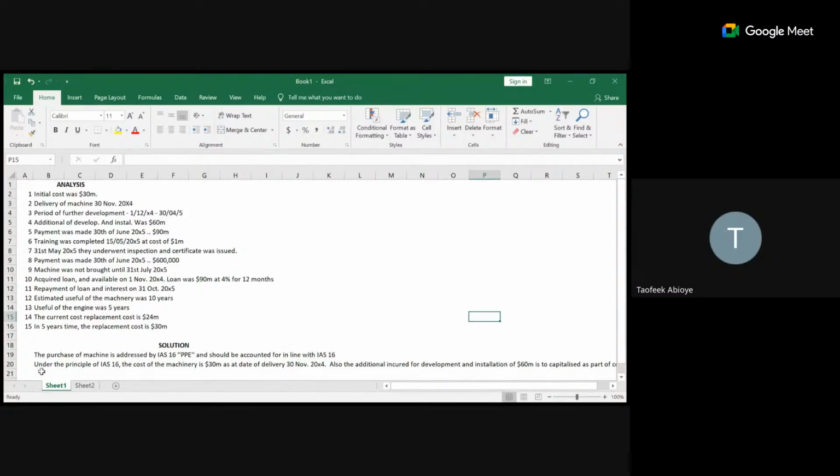So the next item is what? The payment. Payment was made on the 30th of June. Although what they are telling us is that under that period, from 1st December 20x4 to 30th 20x4, that was when they did the installation and development cost, right?